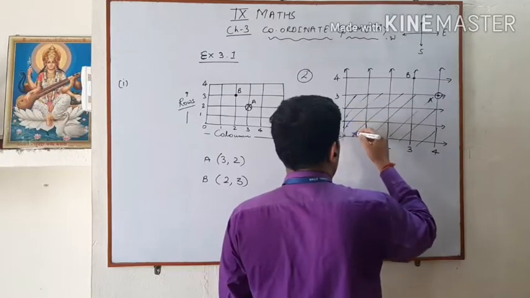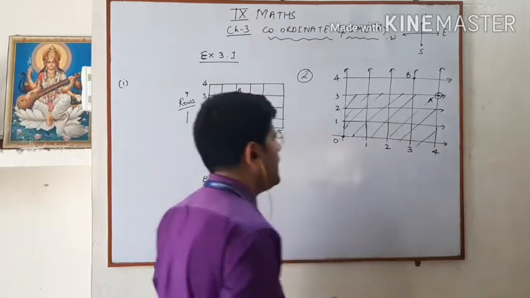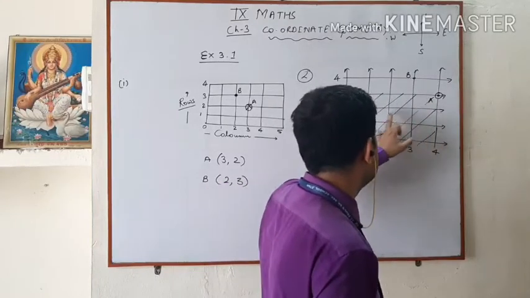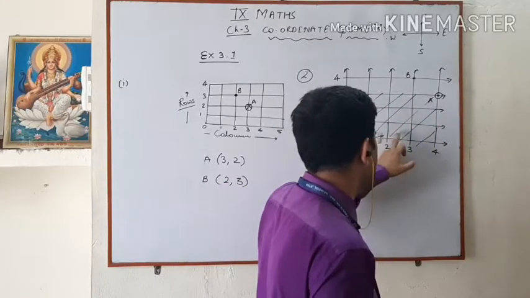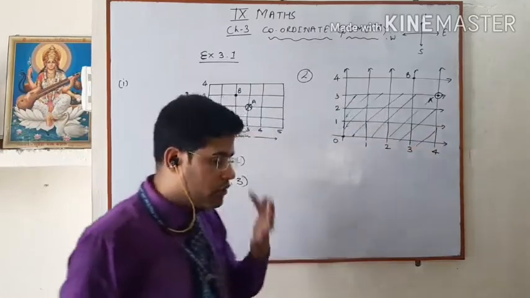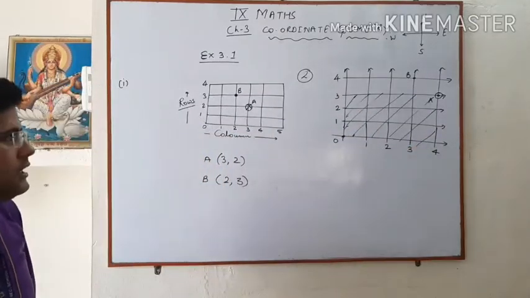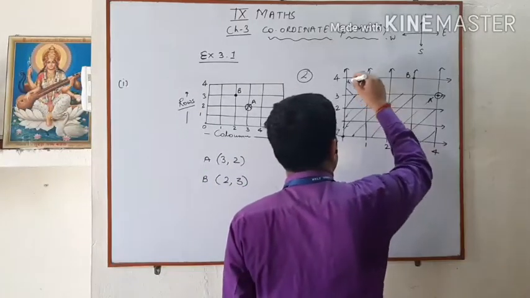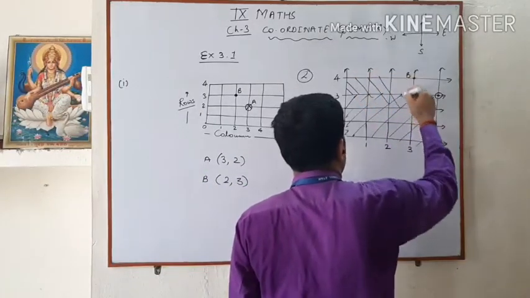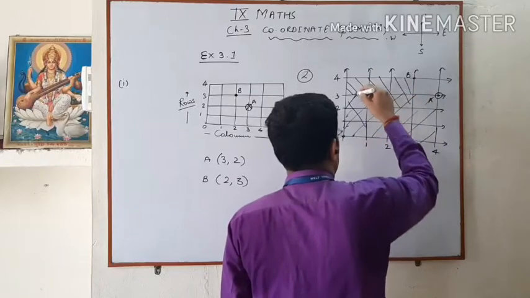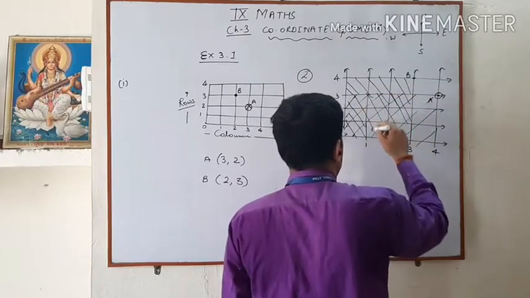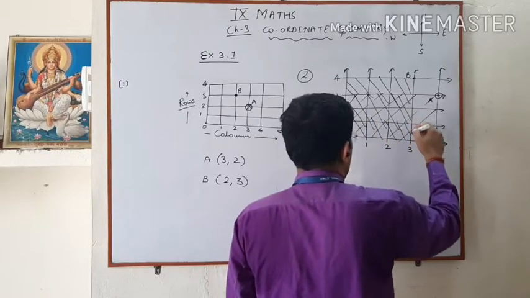How many cross streets have we covered? 1, 2, 3, 4, 5, 6, 7, 8, 9, 10, 11, 12. So 12. Now for the second one, I make it with a different pattern so you will understand easily how many cross streets we have covered.